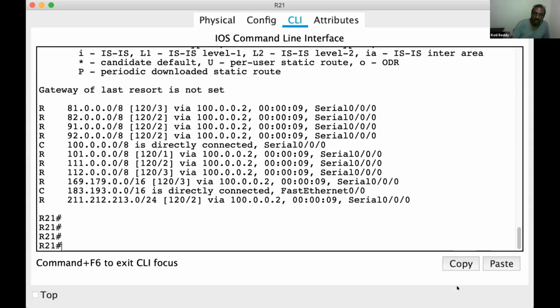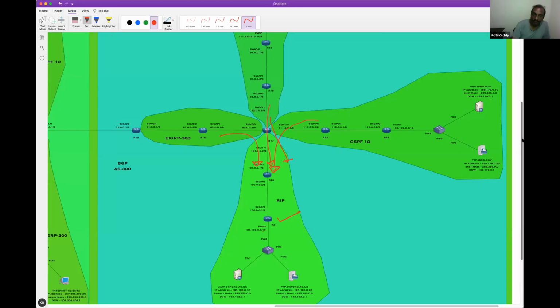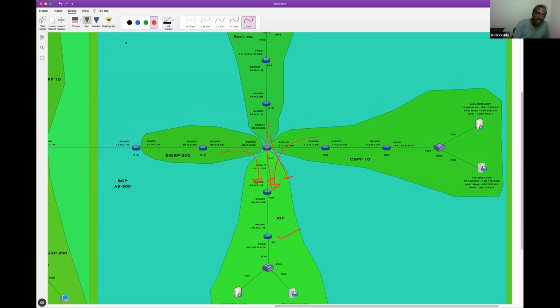Similarly, let us now do redistribution from other routing protocols into EIGRP. So again, what do I do? Redistribute from RIP protocol into EIGRP, and also OSPF into EIGRP, static also into EIGRP, connected also into EIGRP. So let us do that on R17.